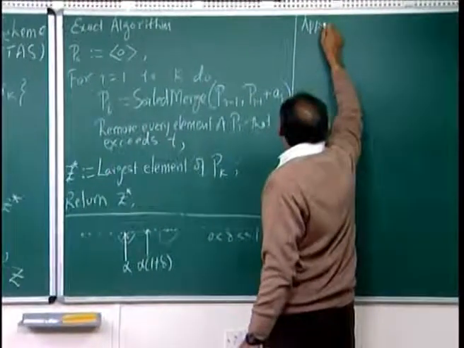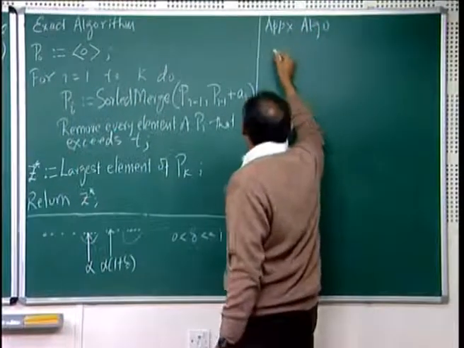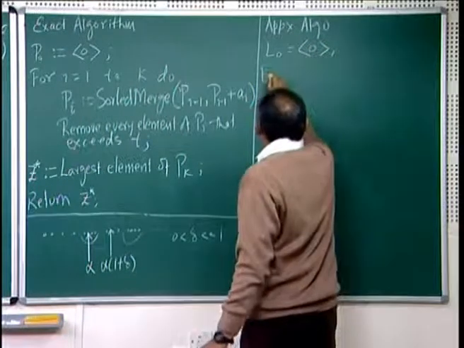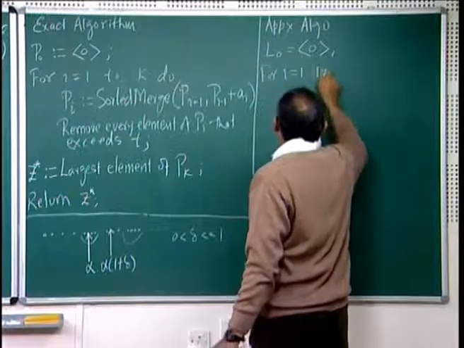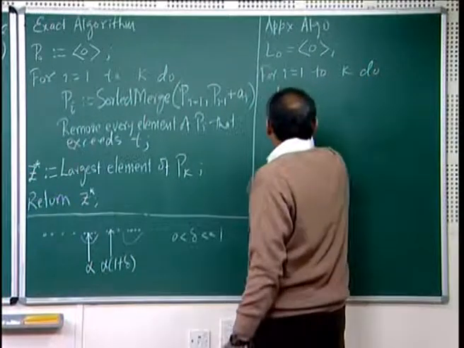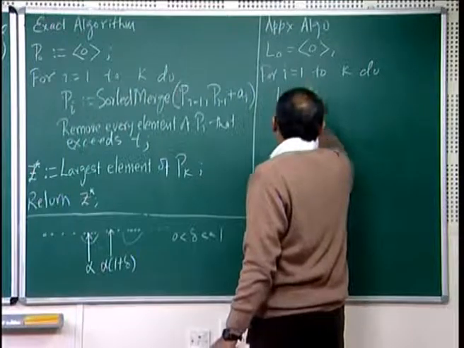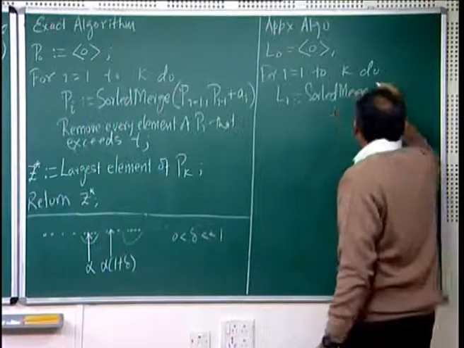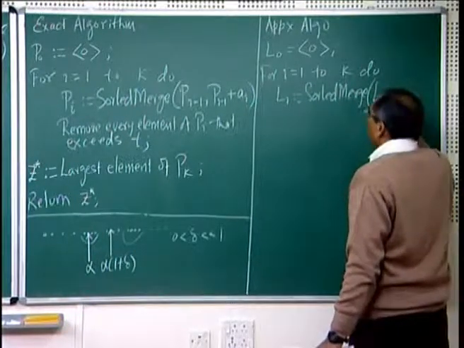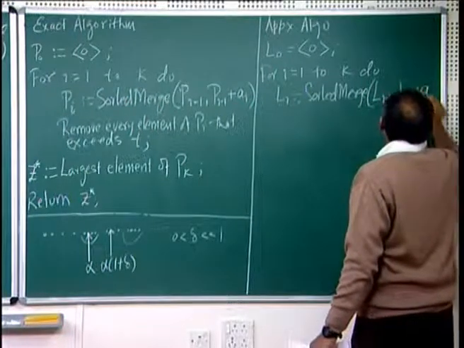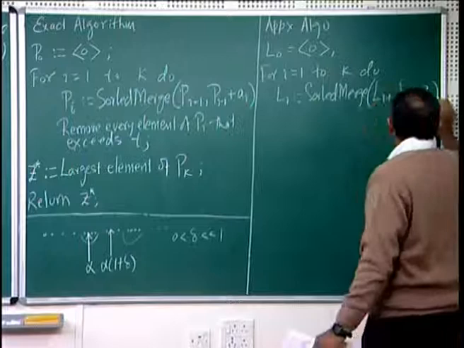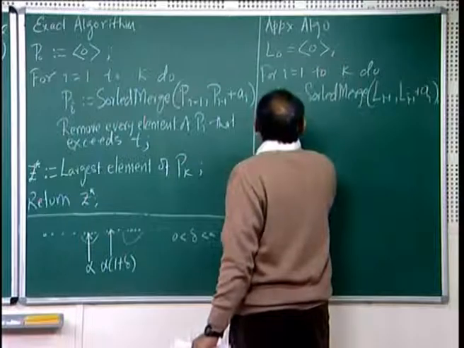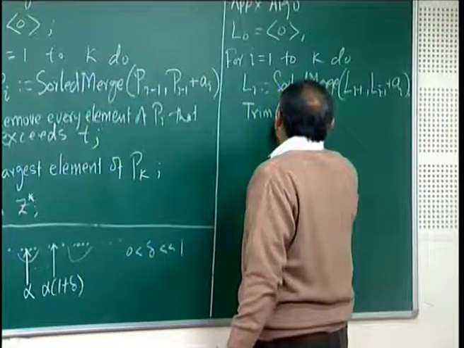Approximation algorithm: L0 again starts with a 0, for i equal to 1 to k, Li is the sorted merge of Li minus 1 and Li minus 1 plus ai. Okay. Trim Li.